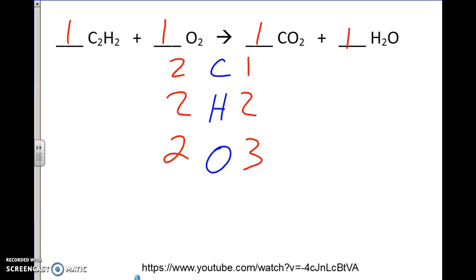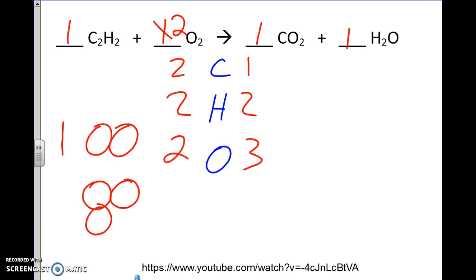So with 1 O2, I have an oxygen and an oxygen. It's 2 O's. If I put a 2 in this blank, I have oxygen, oxygen, oxygen, oxygen, and that's 4 O's.